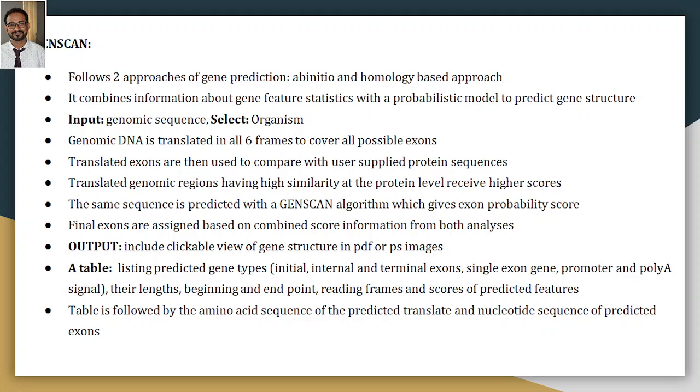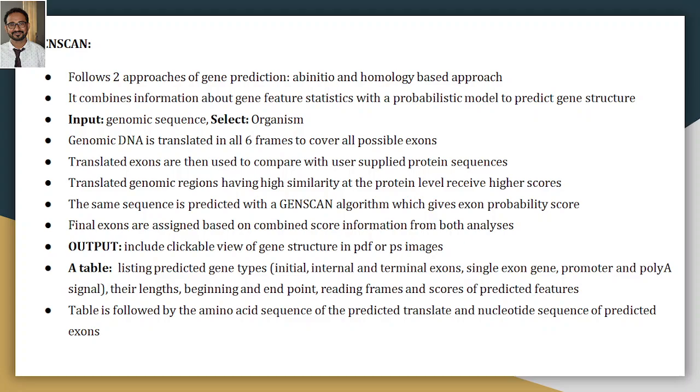Next, the output includes a clickable view of the gene structure in a PDF or PS image. There will be an image and a table, and as we saw in BLAST, similar kind of information we get here. The image was there, here also you will get an image, and here there is a table based on the maximum similarity.